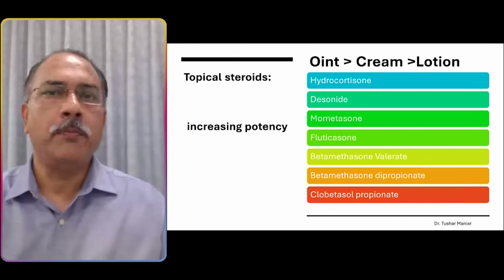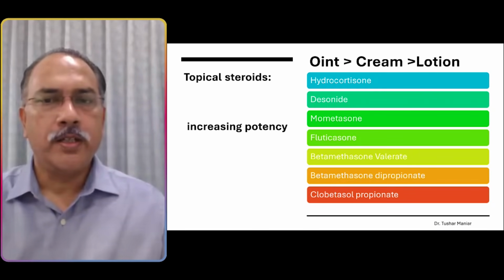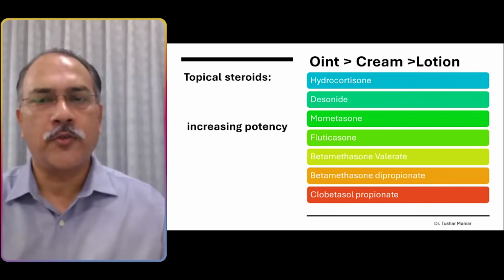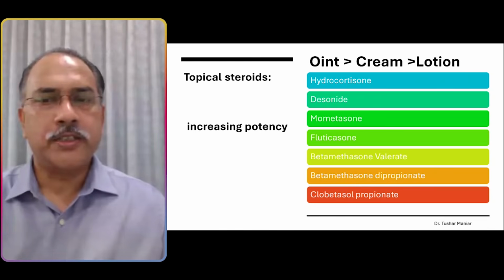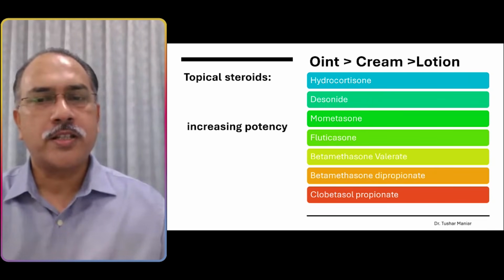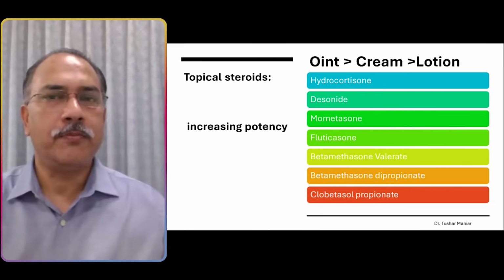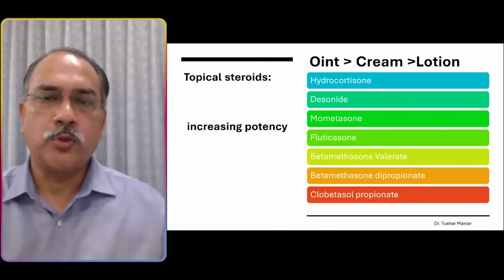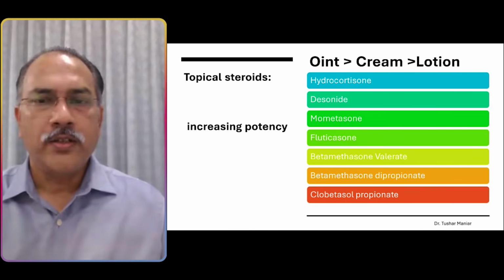Mometasone and fluticasone are medium potency. Betamethasone valerate is somewhere in between, like high but not very high. And betamethasone dipropionate. So why I put these both over here, it's not just enough to know the first name, you must know the surname as well in order to be sure what you are dealing with.